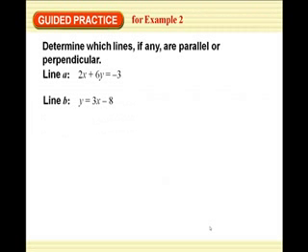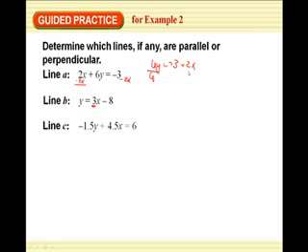Determining our parallels. Let's look at these lines. There's 3 of them. This one we know the slope, so we don't have to do anything with it. It has a slope of 3. This one we have to subtract 2x: 6y equals negative 3 minus 2x, divided by 6, negative 1/2 minus 1/3 x.